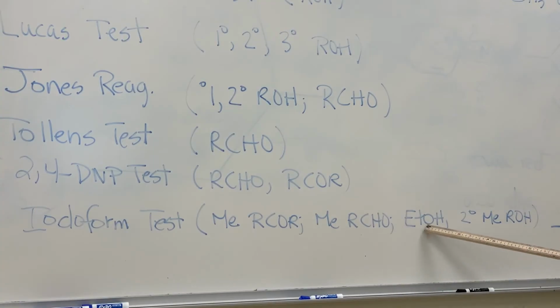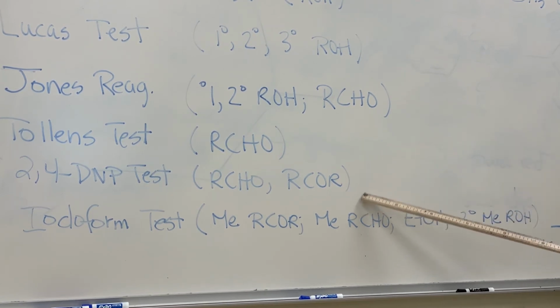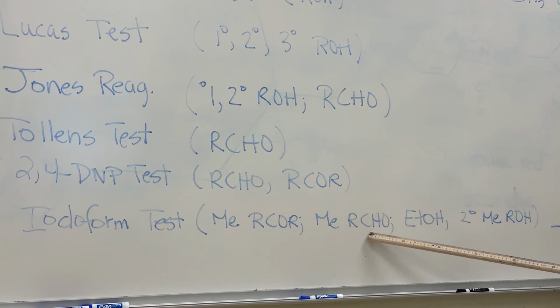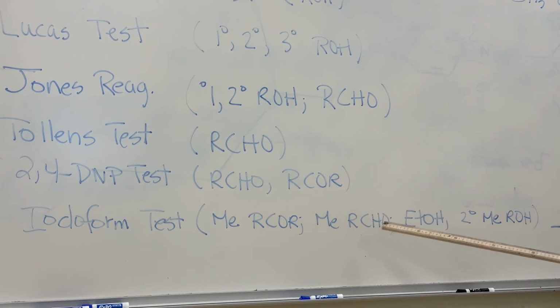It's also positive for ethanol. The reason it's positive for ethanol is that it actually oxidizes to ethanal, if you will, and then that reacts, and that's the reason you would see a positive test. Or it can react with secondary methyl alcohols. Here's our secondary alcohol.